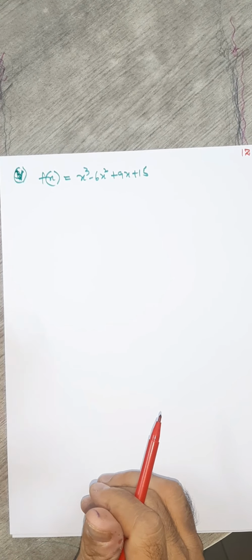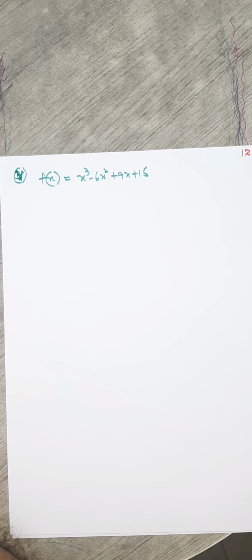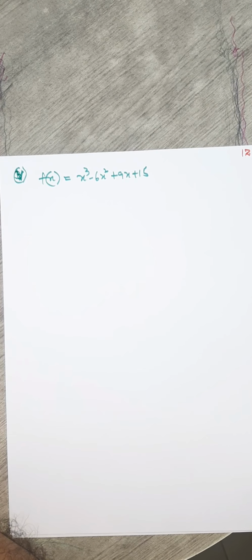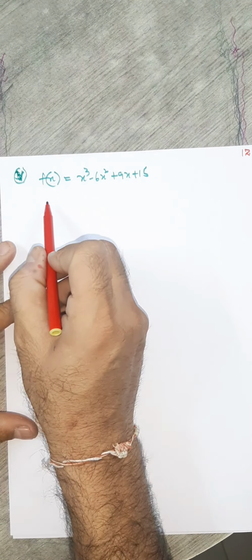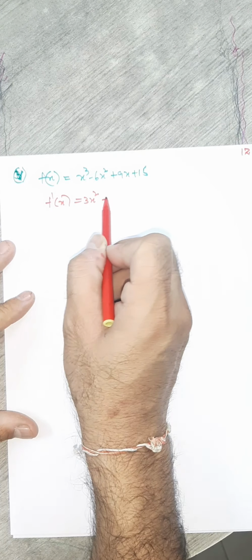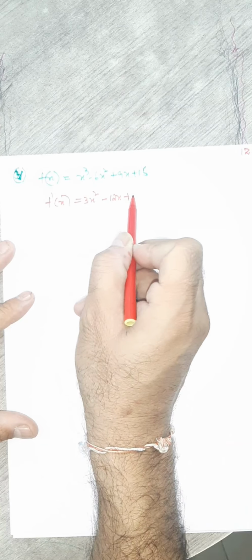So fifth one, that's polynomial function. You are asked for a local maximum or minimum x cube minus 6x square plus 9x plus 15. Okay, so here what we do, what is the first task? Differentiate it twice. So f dash x, which will be 3x square minus 12x plus 9.